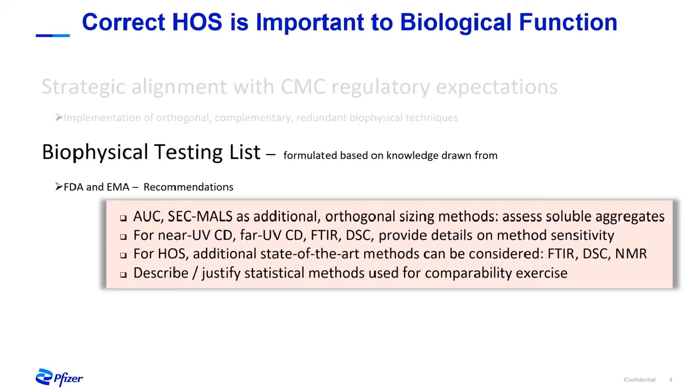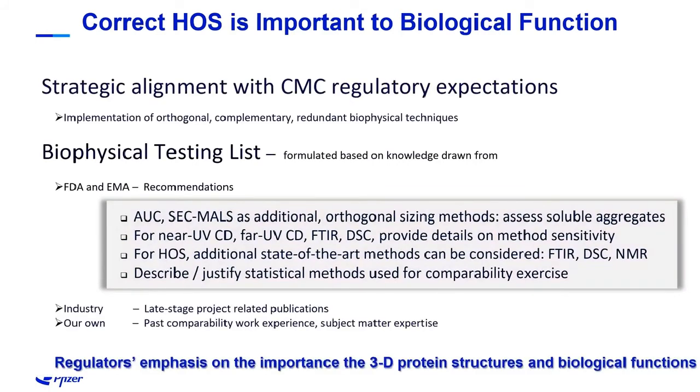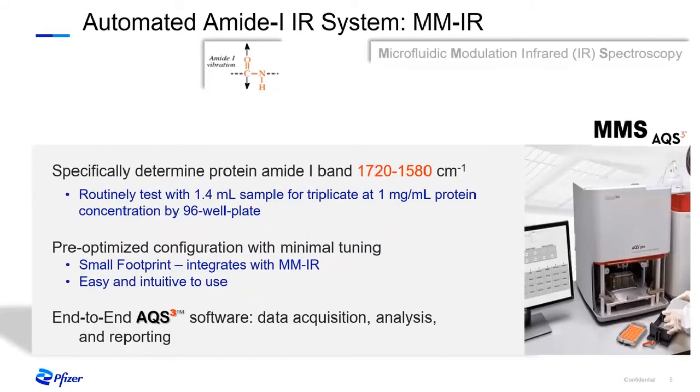The testing list also is based on industry's late-stage project-related publications and on our own past comparability work experience and subject matter expertise. That brings me to the overview of MMIR, which is essentially an automated amide I IR system.